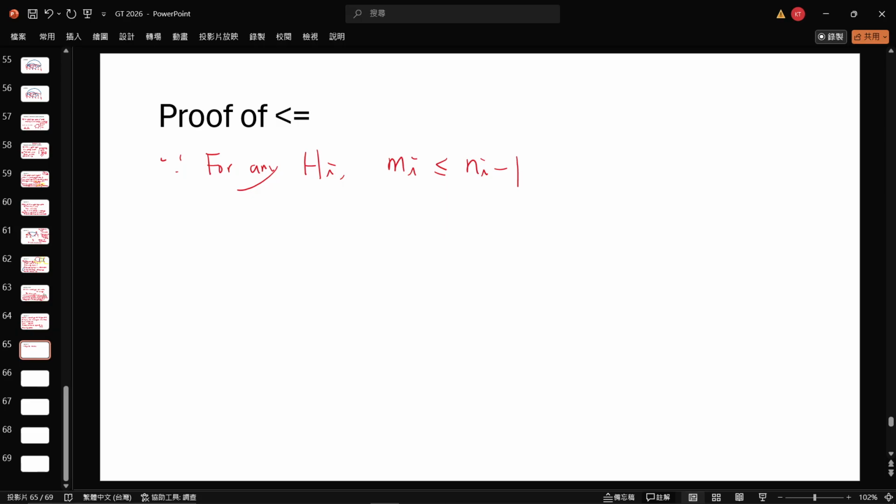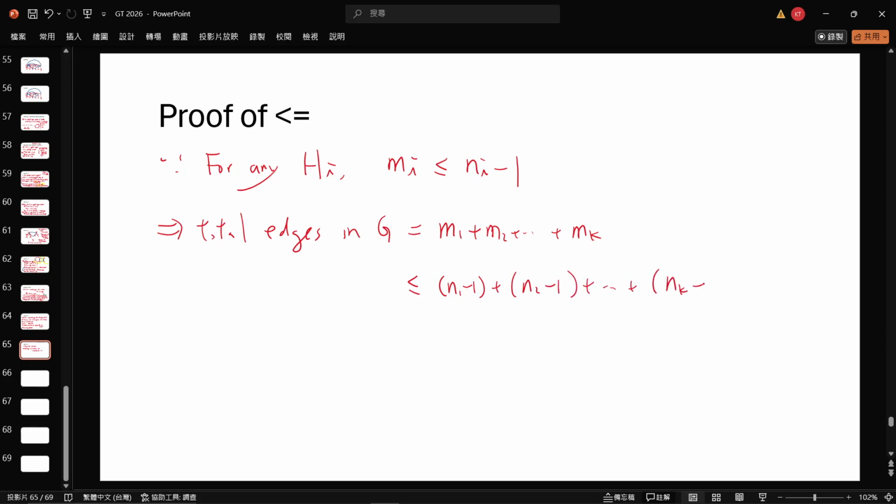So let's count the total edges. This is just M1 plus M2 up to Mk, okay? So this is at most N1 minus 1 plus N2 minus 1 up to Nk minus 1, okay?